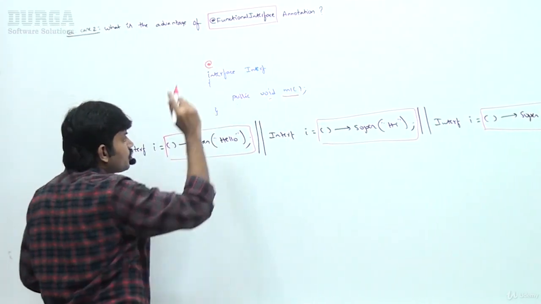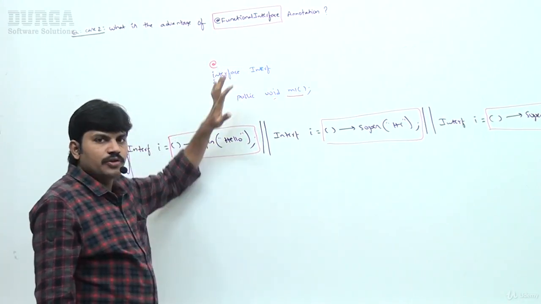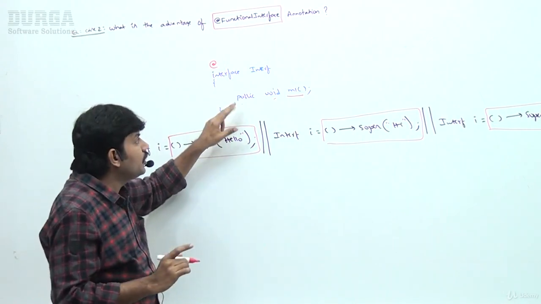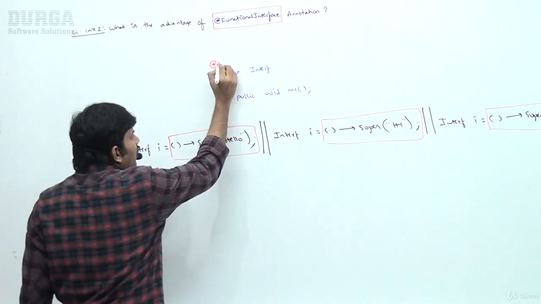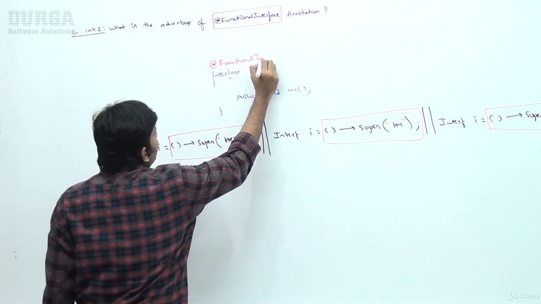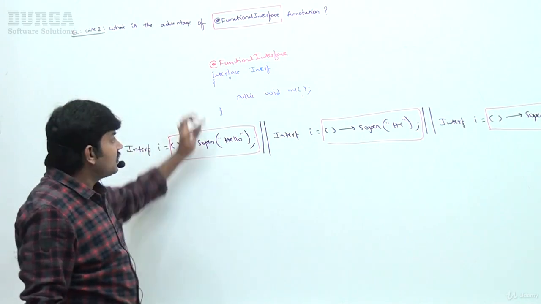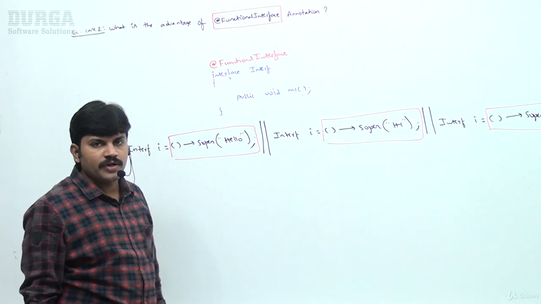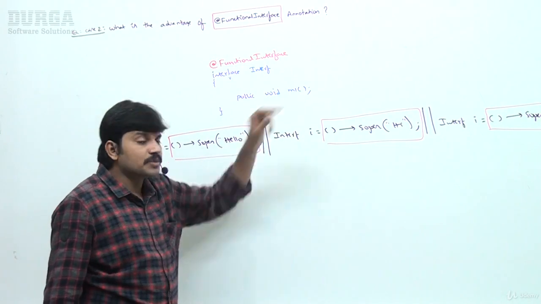I want to specify explicitly that this functional interface is used for lambda expressions, so don't try to add any new abstract method. How can I specify it explicitly? By using @FunctionalInterface. By seeing this, everyone can understand that it is a functional interface, it should contain only one abstract method, and it is not possible to add any new abstract method.